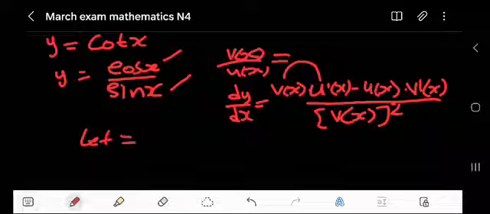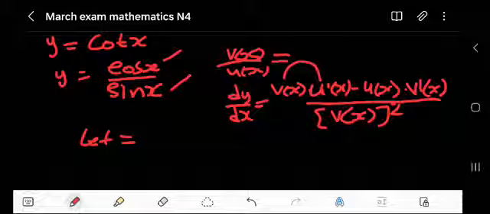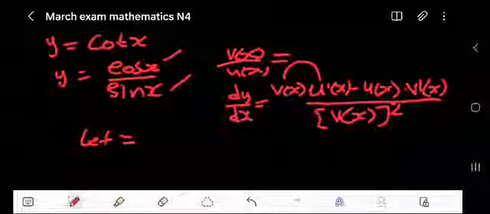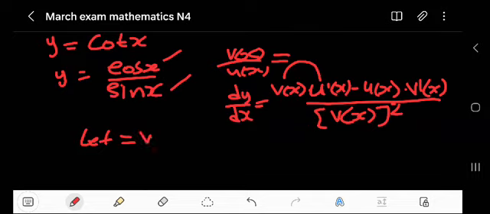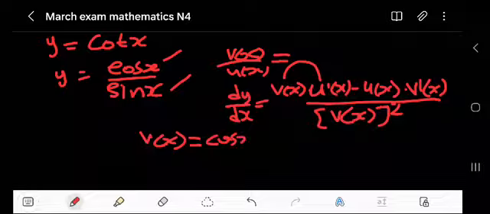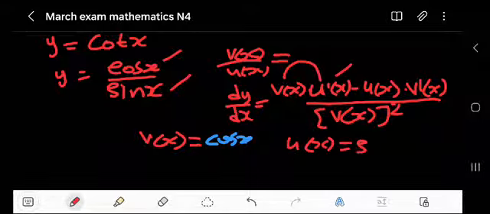Which one do you prefer? It's up to you. All you must know is this thing there at the end. All right, let v of x be equal to cos x, then I can let u of x be equal to sine x.